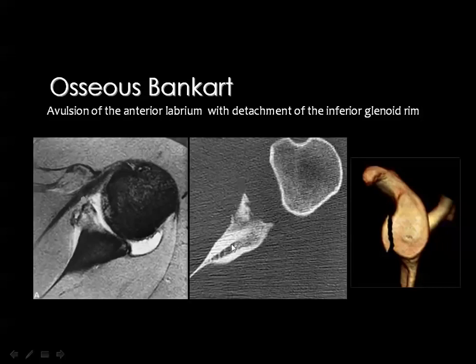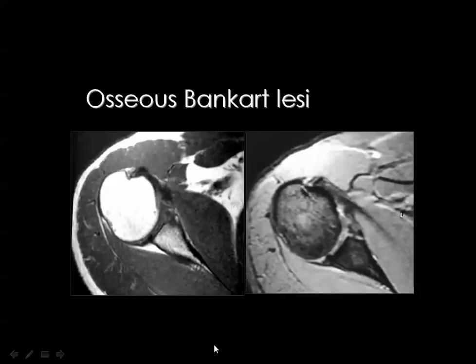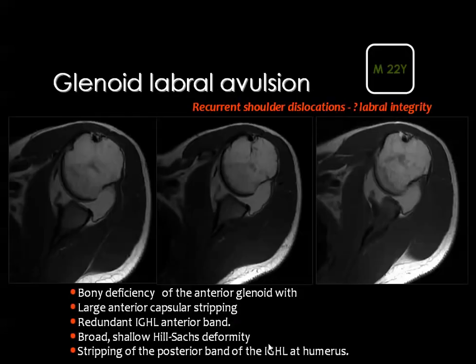Osseous Bankart lesion can be diagnosed by CT, and can also be diagnosed by MRI, whenever you see that there is a missing or fractured part of the glenoid part of the scapula associated with injury of the anterior glenoid labrum. In this example, you can see the rupture of the anterior glenoid labrum together with the related part of the glenoid bone, and this is known as osseous Bankart lesion.